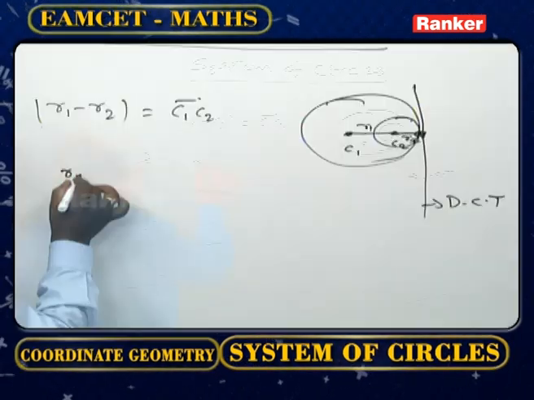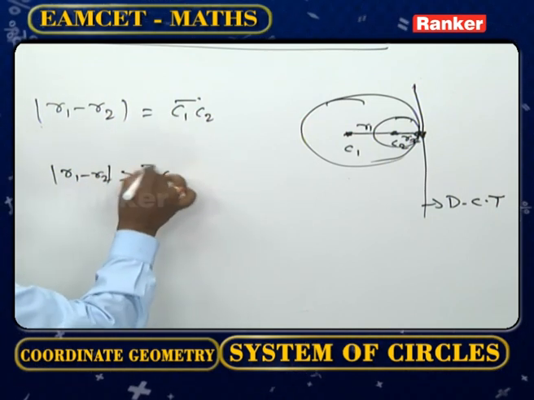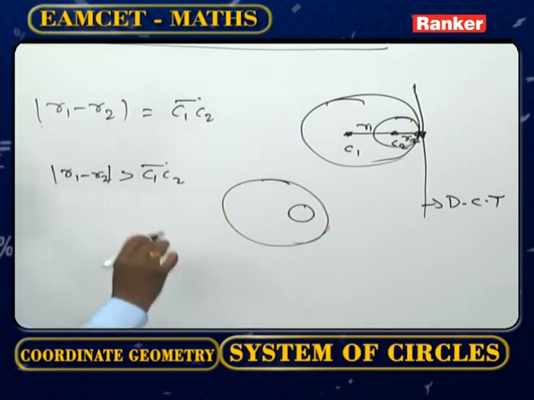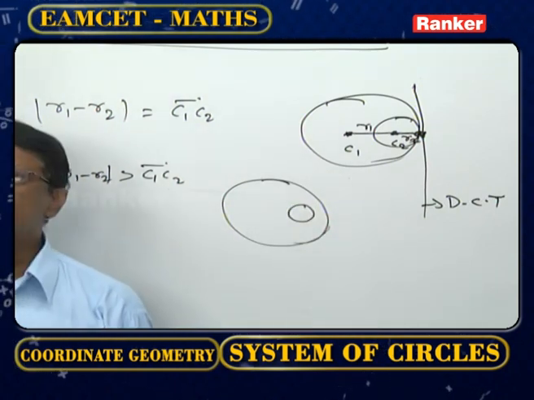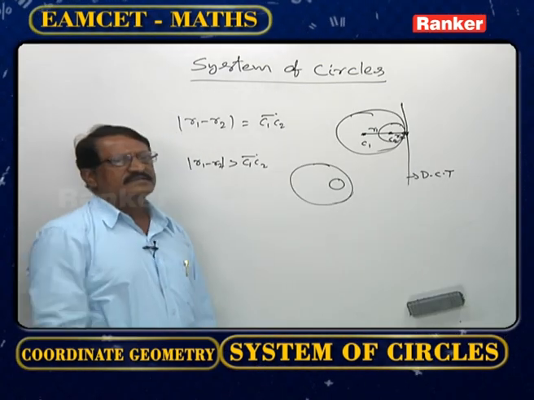If the difference of radii is greater than the distance between centers, in that case one of the circles completely lies inside of the second. There are no common tangents for these circles.